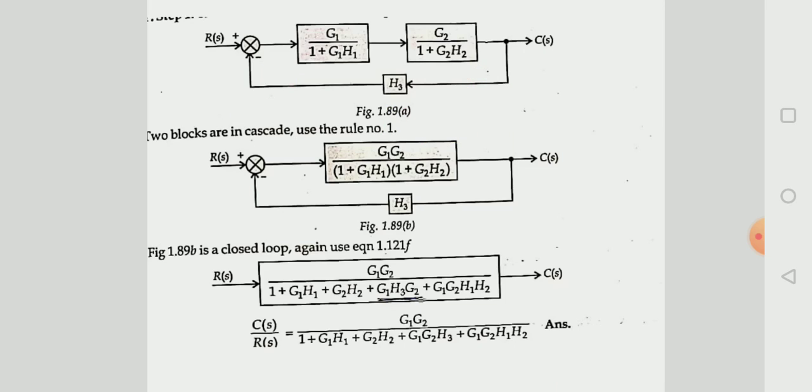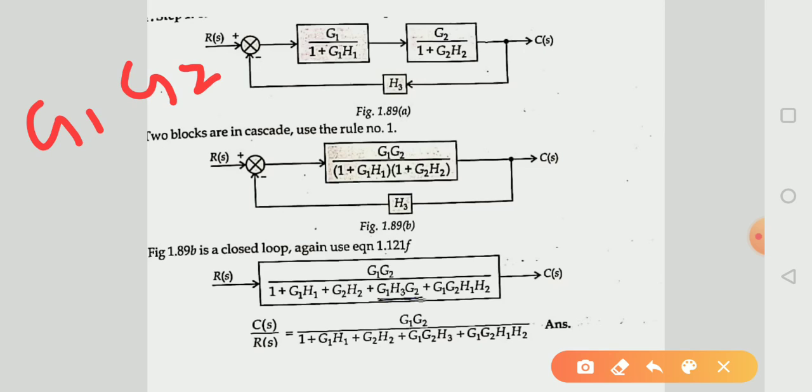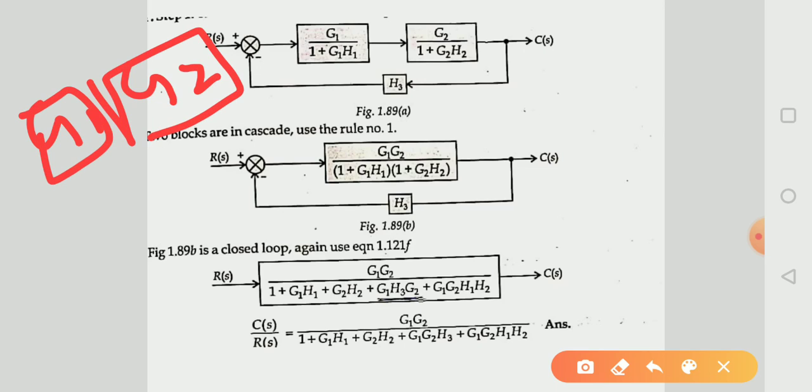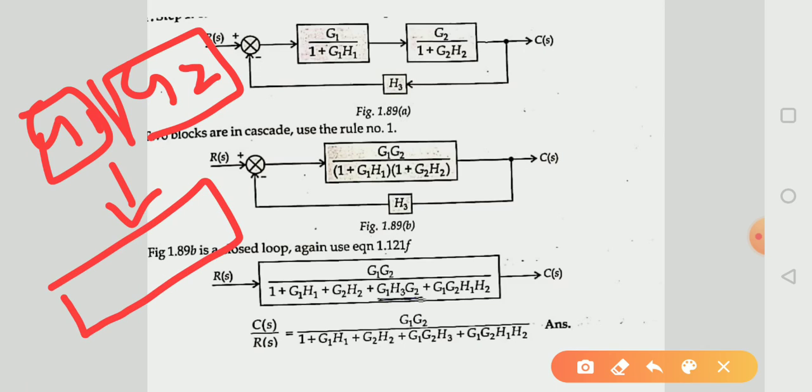So now you can see that here two blocks are in series, and we know that in series combination, if there are two blocks G1 and G2 in series, and we want to combine them into one block, then we multiply the gains of both blocks, it will be G1 into G2.